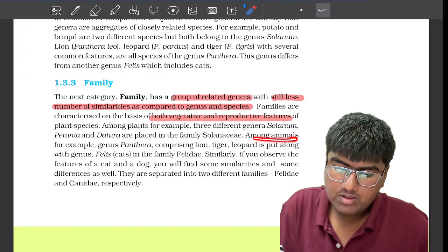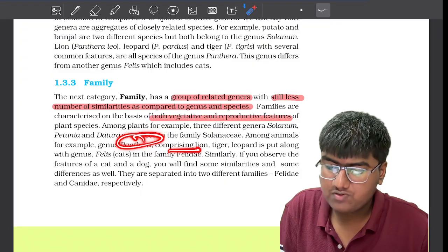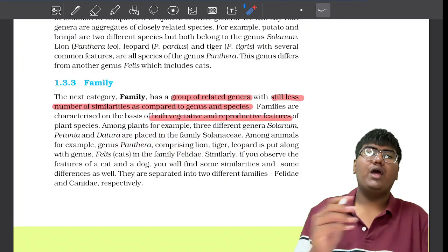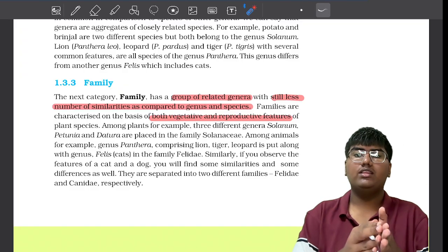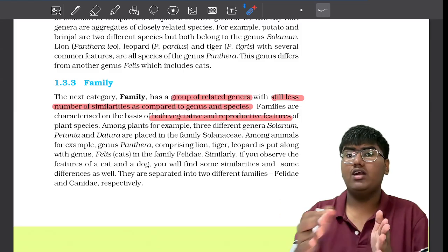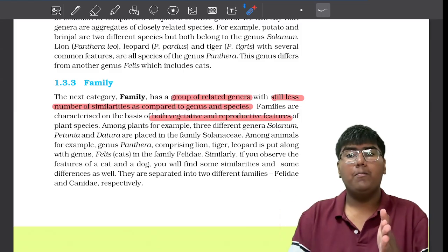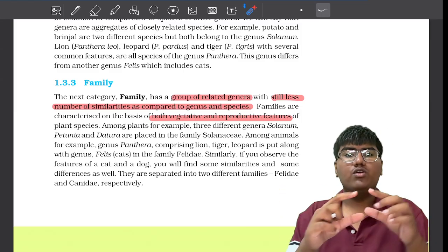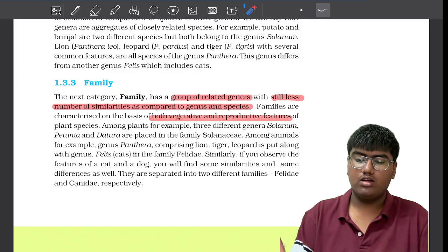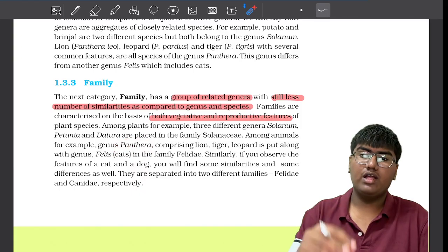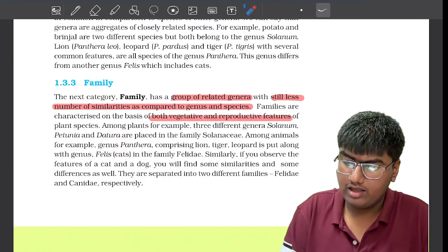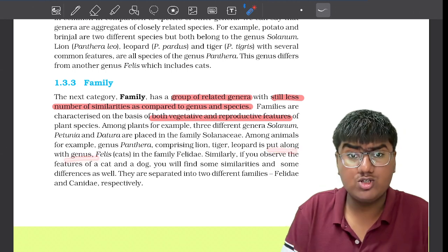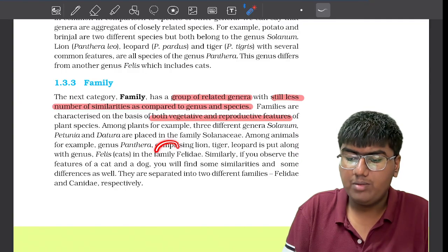Next, among animals, for example, Panthera comprises lion, tiger, and leopard. Panthera is one genus. Panthera leo is lion, Panthera tigris is tiger, and Panthera pardus is leopard. Panthera is a genus, but it is put along with another genus, Felis, in the family Felidae.